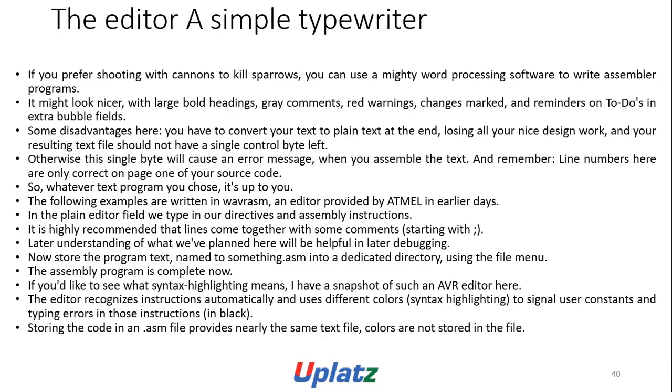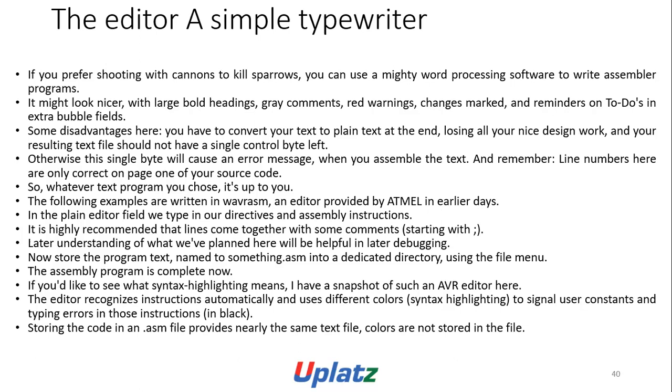The editor can be a simple typewriter, but if you prefer shooting sparrows with cannons, you can use a mighty word processing software to write assembly programs. It looks nicer with a large bold heading, gray comments, red warnings, and reminders of things to do in extra bubble fields.